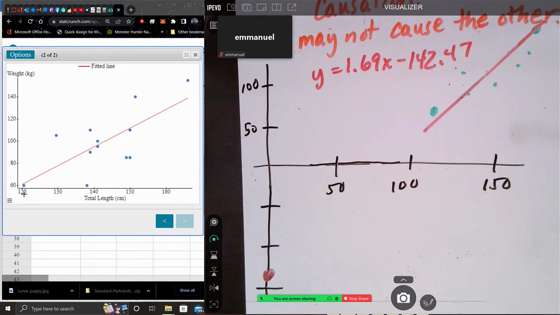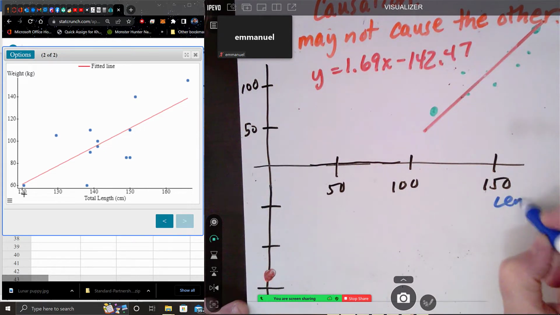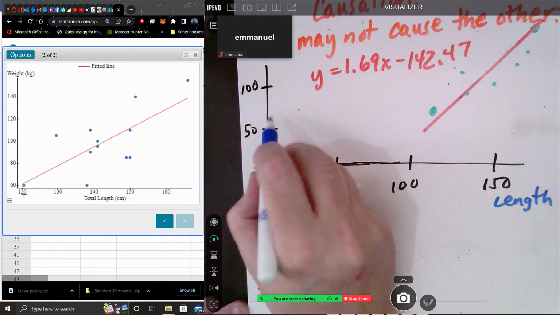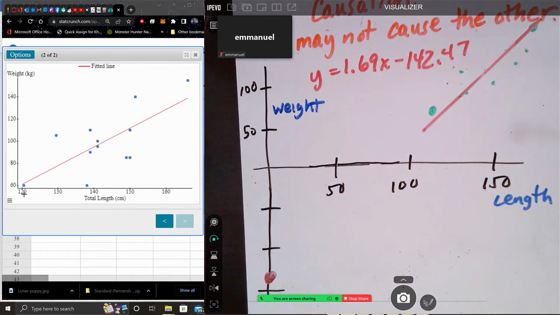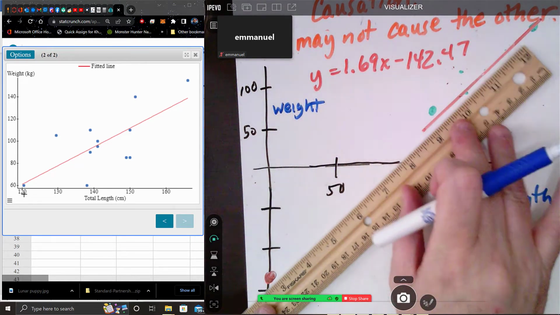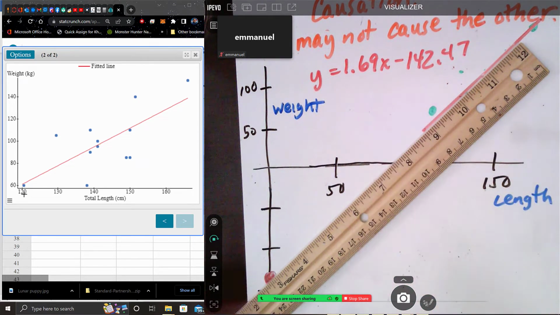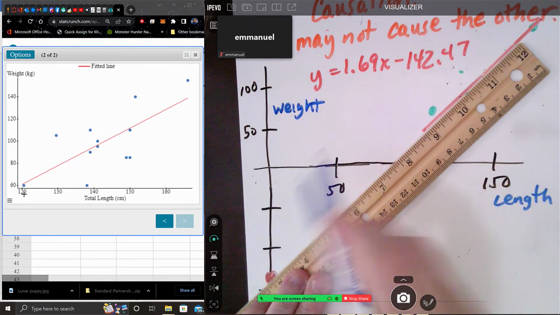This points out something very important. Recall, this is length, and this is weight. Let's draw that line. I'll use a different color line for stuff they didn't draw.